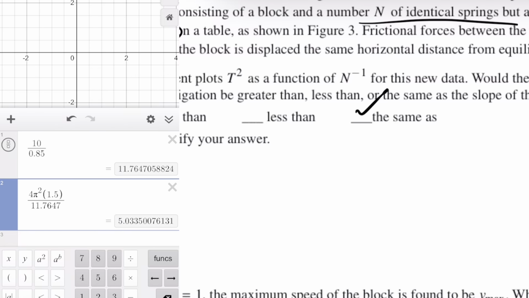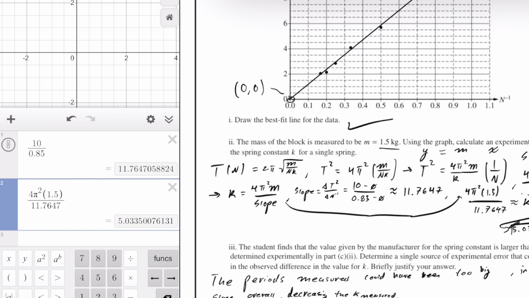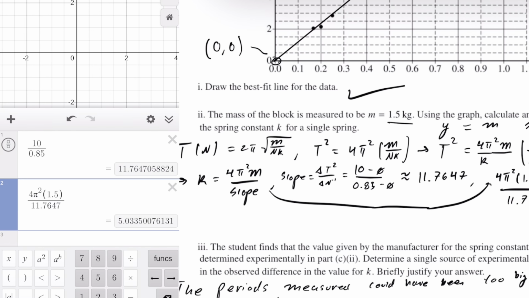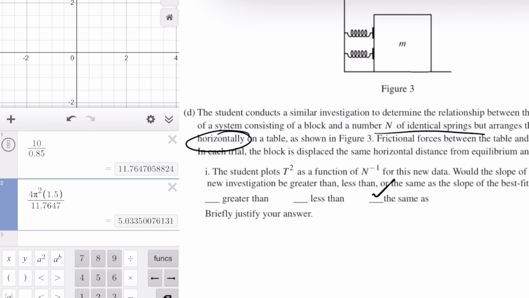So the same as, because in our equation here, there's no gravity, right? There's no dependence on gravity or any other force. So n is independent of that. The spring constant is independent of that, and m is independent of that.